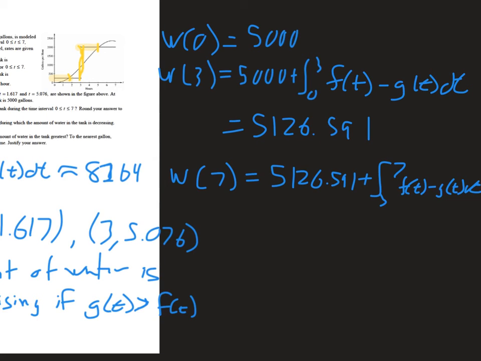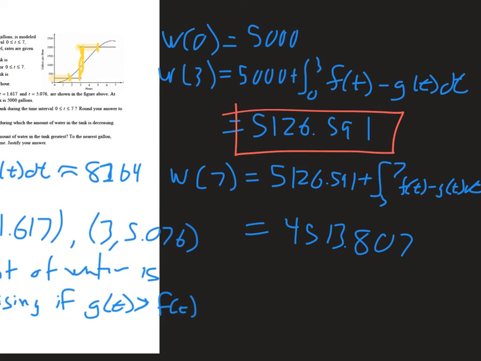And then I add those things up, and I'm going to get 4,513.807. We round our final answer to the nearest gallon. So the biggest one is here after 3. Rounded to the nearest gallon, our final answer is 5,127 gallons. That's the maximum amount of water, and that occurs at time t equals 3.